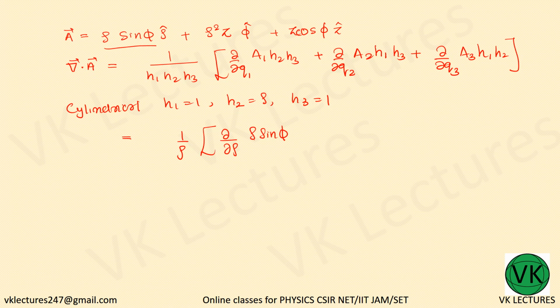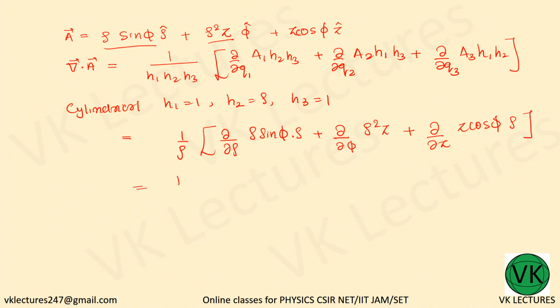What is h2? Rho. So into rho, plus dou by dou q2. What is q2? Phi. A2 is rho square z into h1 h3, h1 and h3 are the same, plus dou by dou z of a3, which is z cos phi, into h1 h2, so rho will be there.